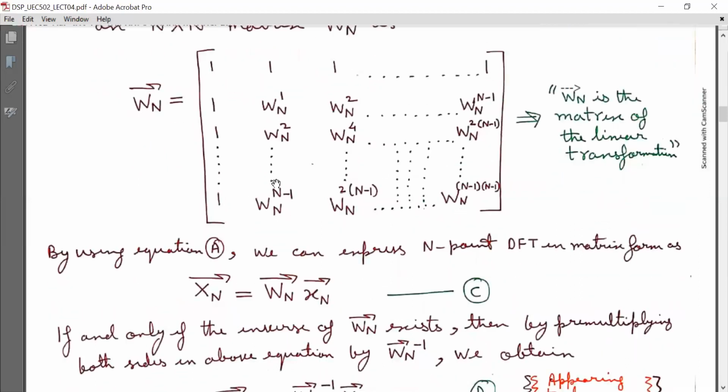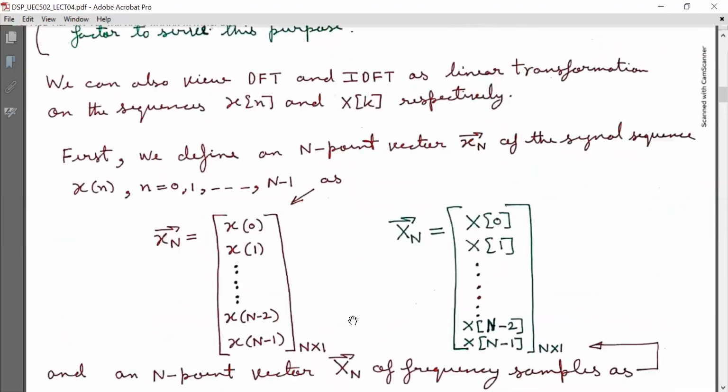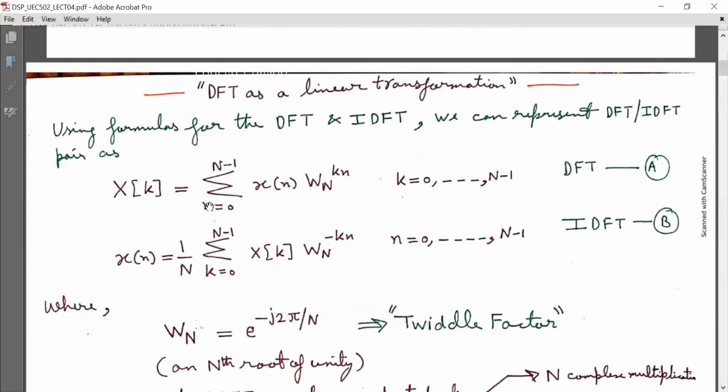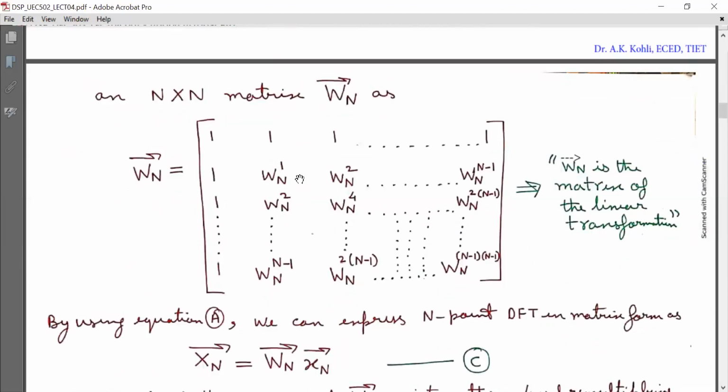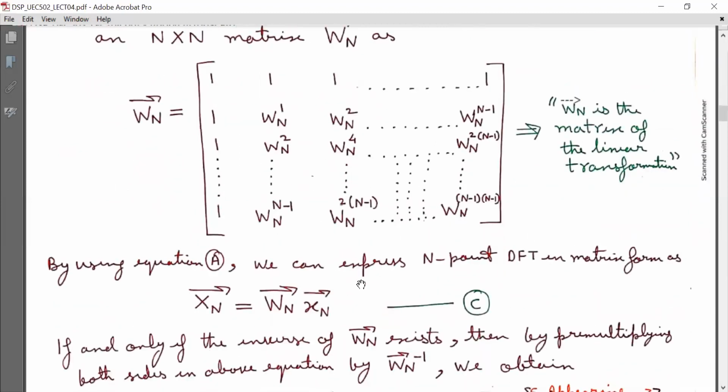Now by using equation A, and by using this twiddle factor matrix, we can express N point DFT in matrix form as capital X vector equal to W matrix into small x vector.